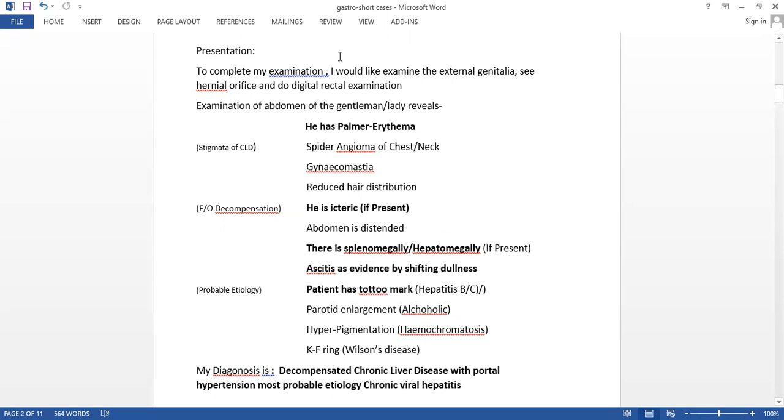Yes, encephalopathy, flapping tremor. If you find these features, then you must say that this is a decompensated chronic liver disease. If you find ascites, you must say there is portal hypertension, right?